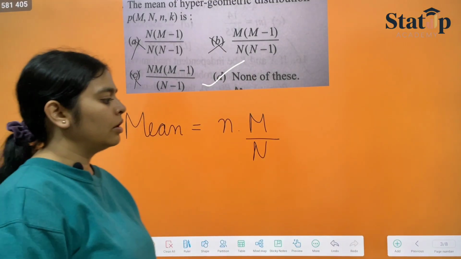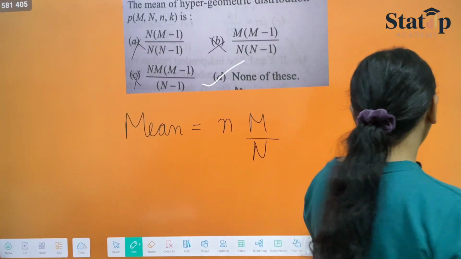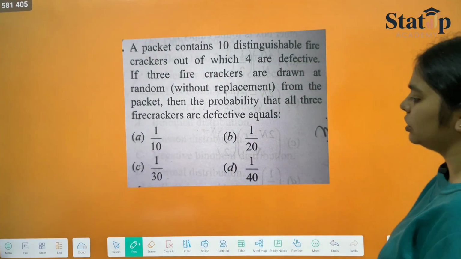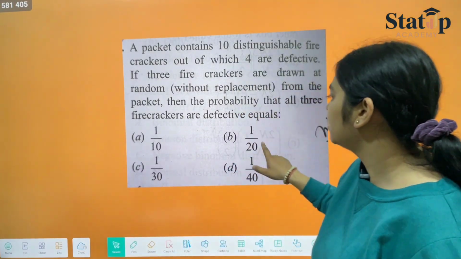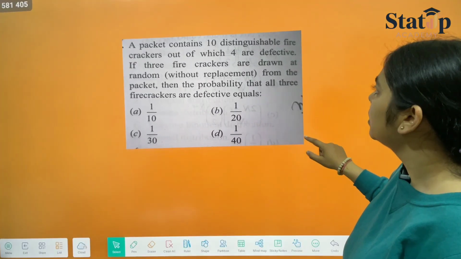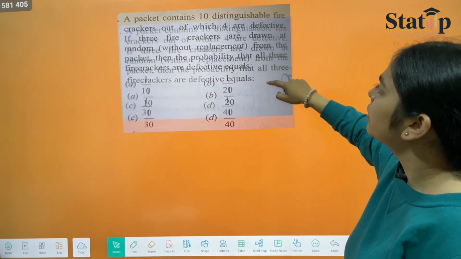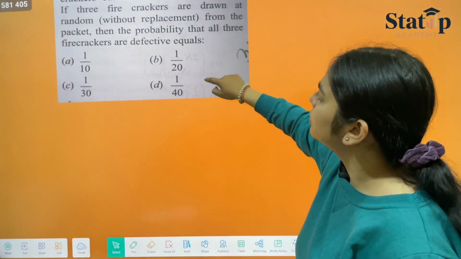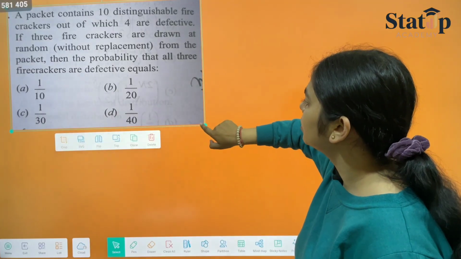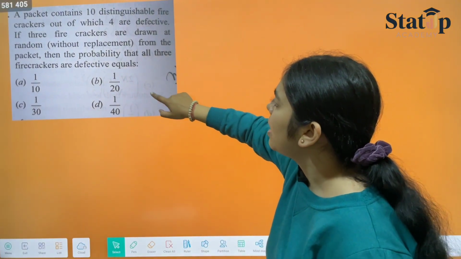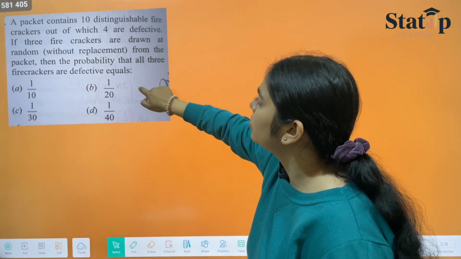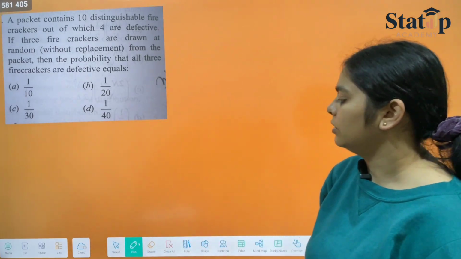Now moving forward to another question, which is a typical problem on firecrackers for hypergeometric distribution. Let us see. A packet contains 10 distinguishable firecrackers.